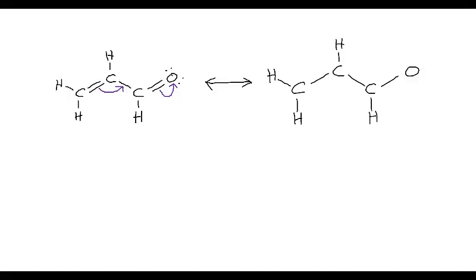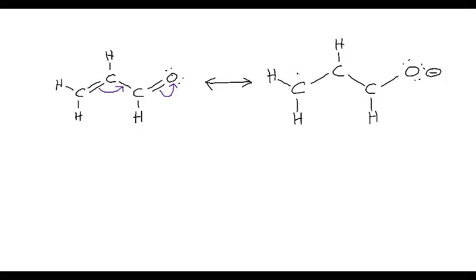So where are the electrons now? How is this picture different? Oxygen has 3 lone pairs now. That's going to give it a negative charge. The first carbon does not have a lone pair, right? We took electrons away from it.